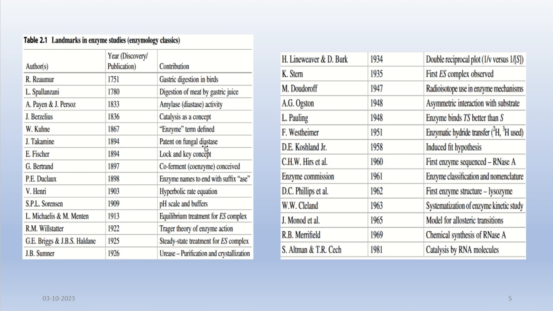Now the very important concept for your advanced enzymology, you have to remember these scientists, Michaelis and Menten: equations, equilibrium treatments for the ES complex, given in 1930. Then the theory of enzyme action in 1922. Sumner, remember this is also important, in many books you will find the enzyme urease.